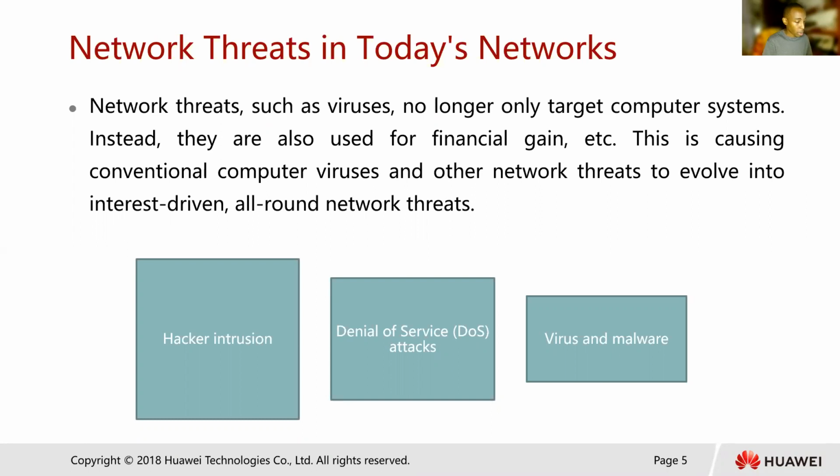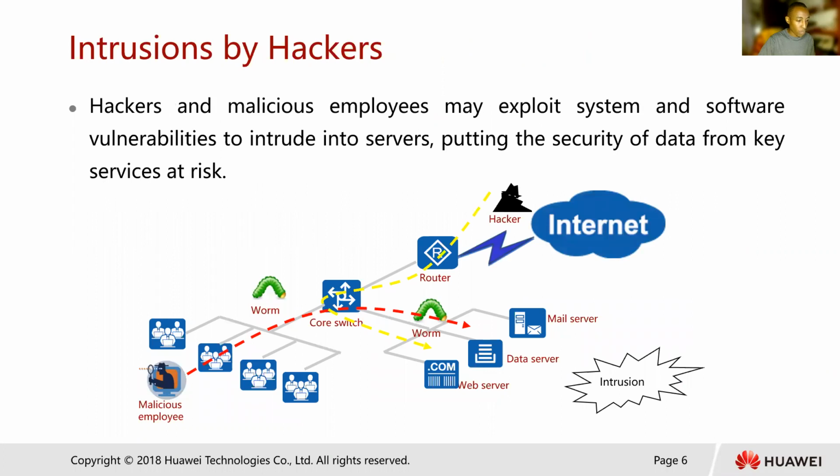So when you start to look at this, there are some intrusions that are done by hackers. Look at this example. You have a malicious employee. That is an insider threat, right? They're within the network already.